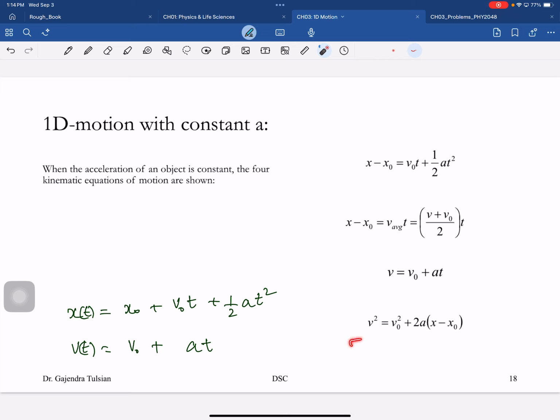This is important. For instance, I don't know if you know this, but you need a longer runway to take off than to land. A plane has to have a takeoff speed, and the runway had better have a minimum length for you to take off.